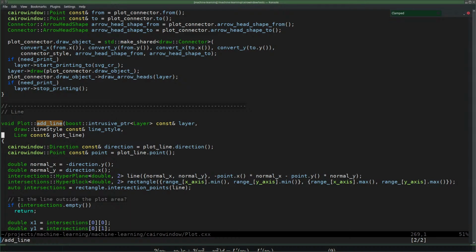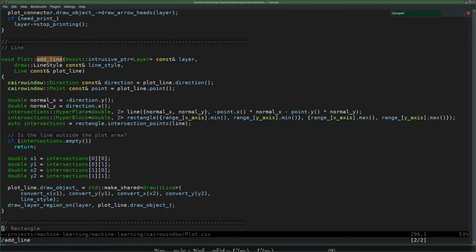I guess I have to construct a line or something. God, how this works. Direction. Damn it, I forgot how it works.